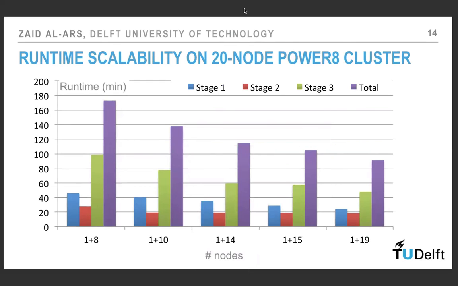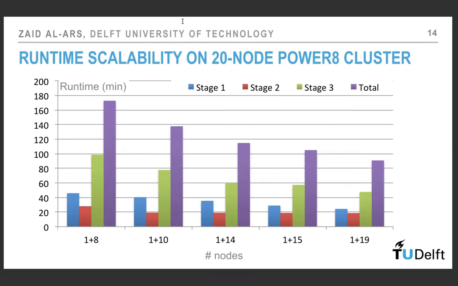When we look at the scalability potential of the different stages on a scalable number of nodes, we see that the first stage and the third stage can scale very well as we increase the number of nodes in the cluster. In this figure, we show a number of different cluster configurations going all the way from 8 worker nodes to 19 worker nodes.